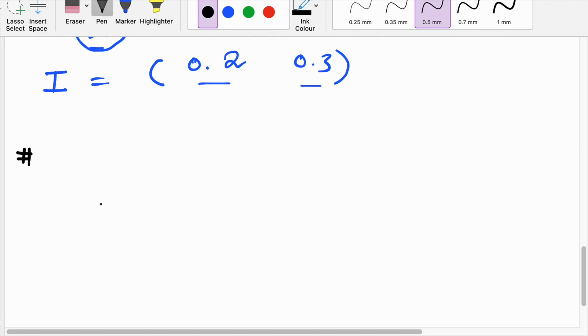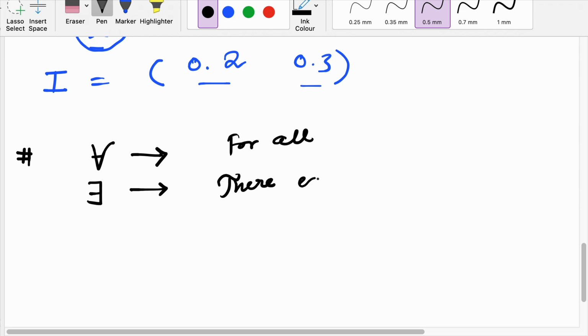This definition is written in terms of these. The first symbol is an abbreviation for "for all". This one means "there exists" or "there is".